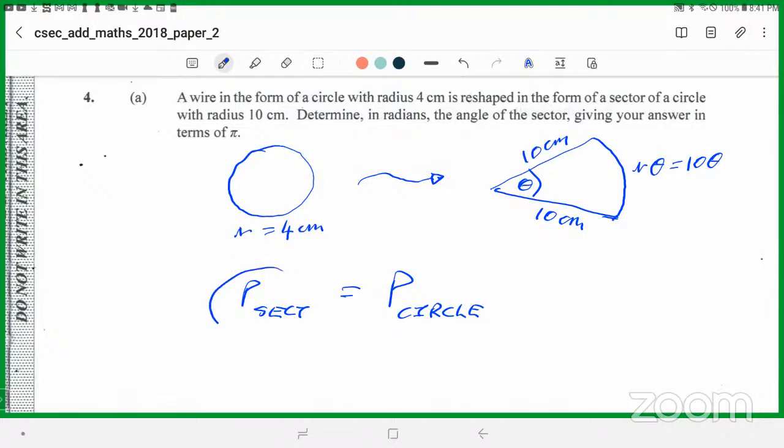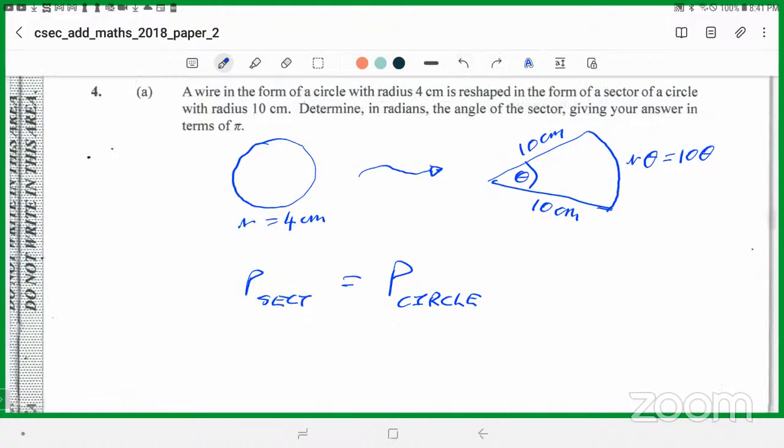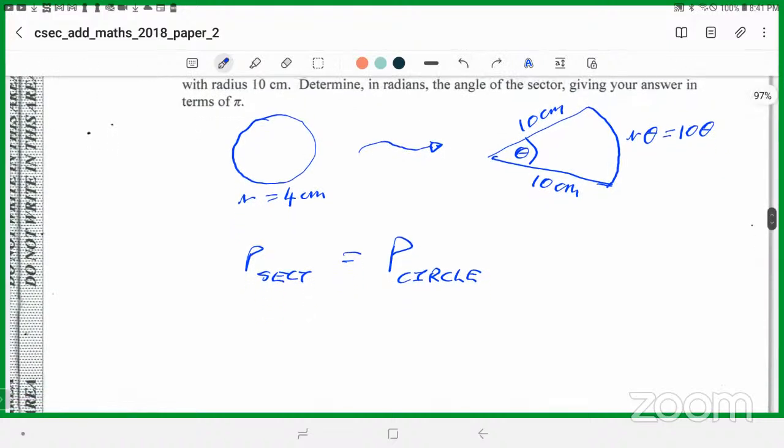Now the perimeter of the sector is 10 plus 10 plus 10 theta. You can leave these diagrams on your paper to see how you get your values. So it's 10 plus 10 plus 10 theta, trying to find the sector angle theta. That is equal to the circumference, which is 2 pi r, 2 pi times 4.